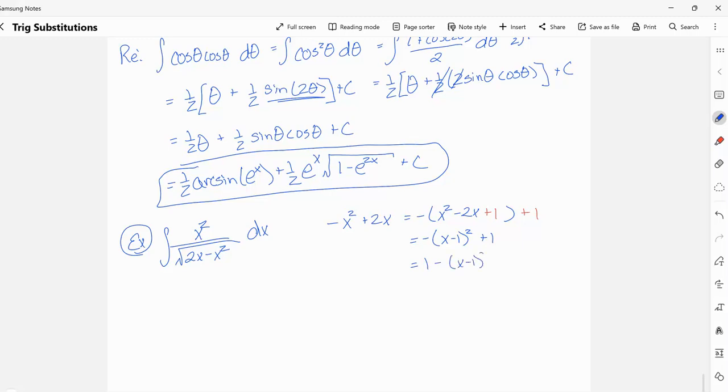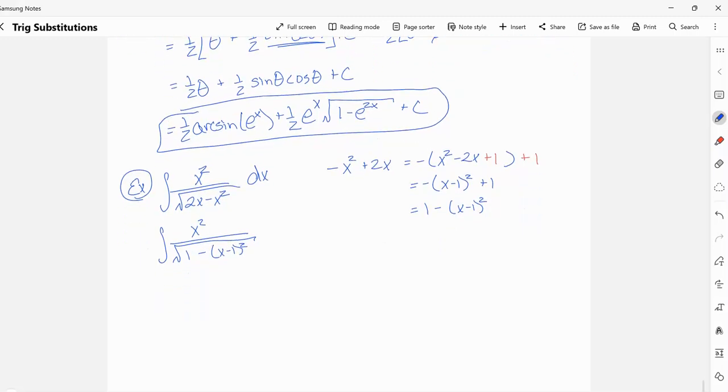And you can see how this is going to fit this trig substitution nicely. It's in the form of a squared minus u squared. So there's our format.